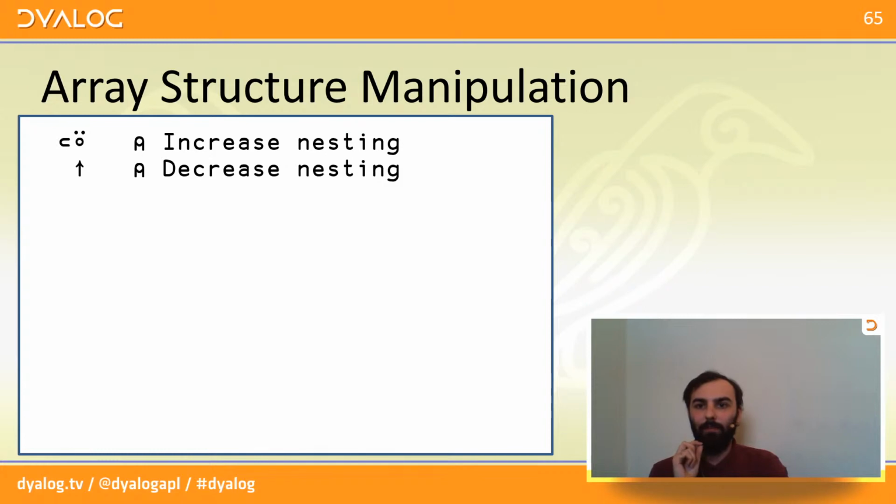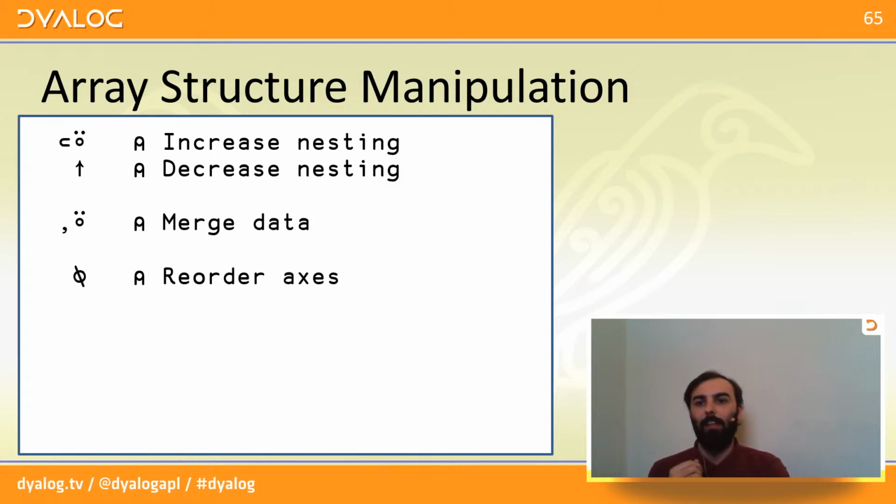Default behavior is fine, it doesn't require rank. We looked at merging data along trailing axes, and with all of these in combination with Dyadic-Transpose, you get the ability to manipulate array structure in all these different ways.